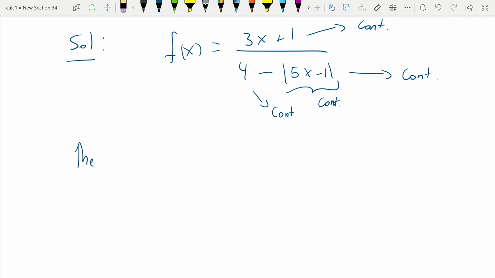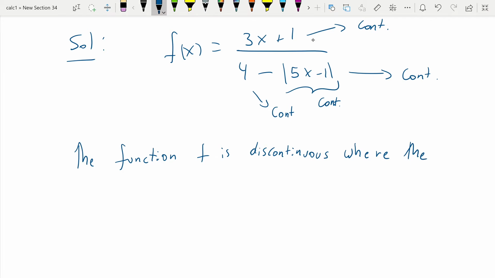So the function is discontinuous where the denominator is equal to 0.